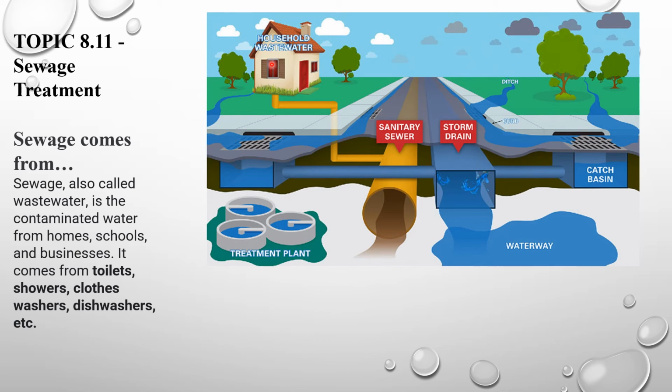So the sewage in your house, if it's not going on site to a septic field, it's going in these pipes down into your street that the whole neighborhood shares, into a massive sanitary sewer line.